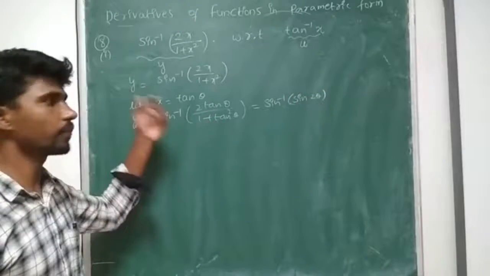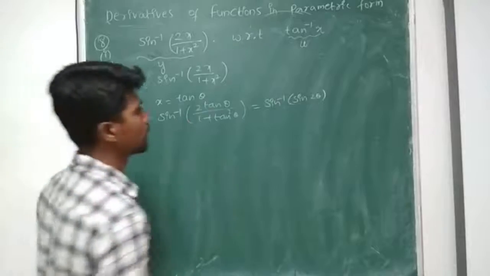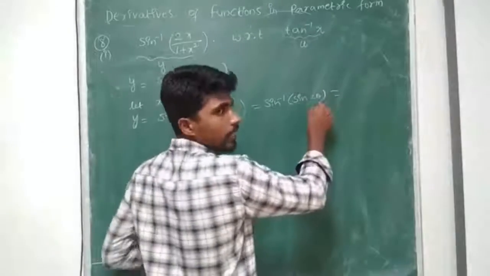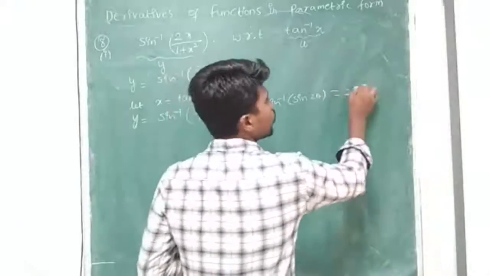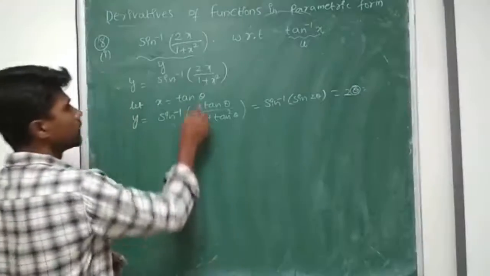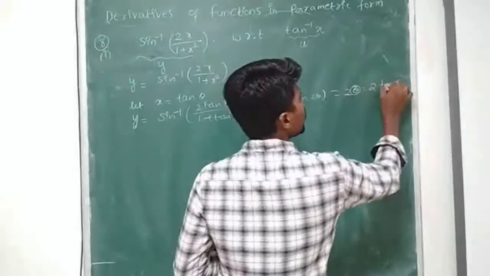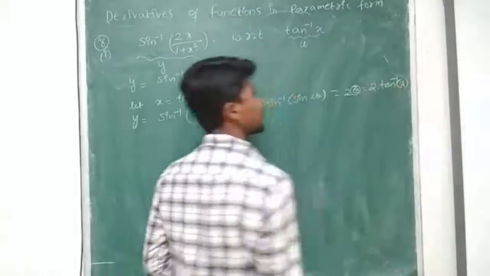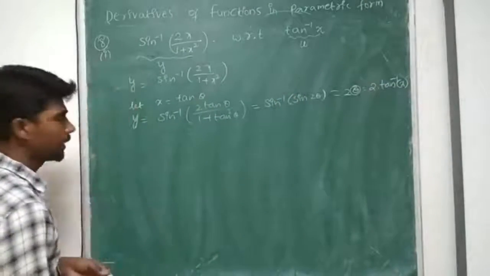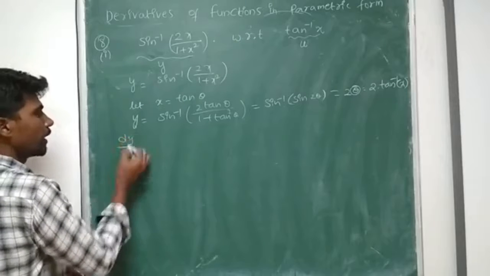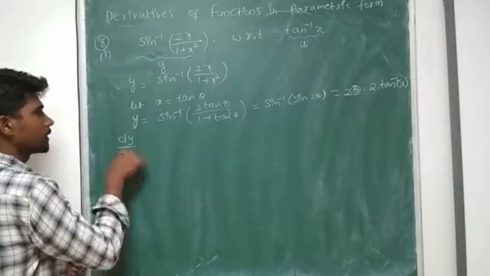Sin 2 theta in terms of tan is 2 tan theta by 1 plus tan square theta. So sin inverse of sin 2 theta gives 2 theta, and replacing theta with tan inverse x, we get 2 into tan inverse x, right? Now I am finding its derivative, dy by dx.